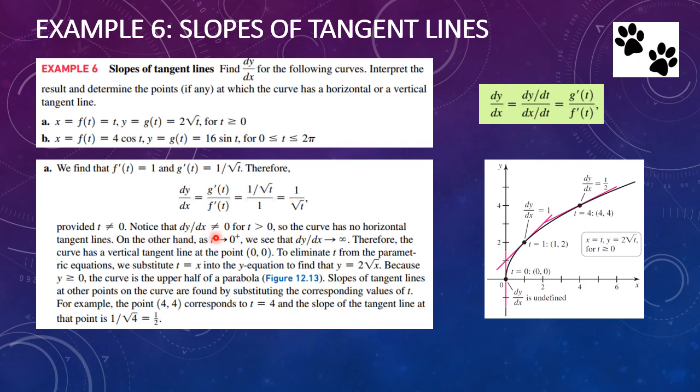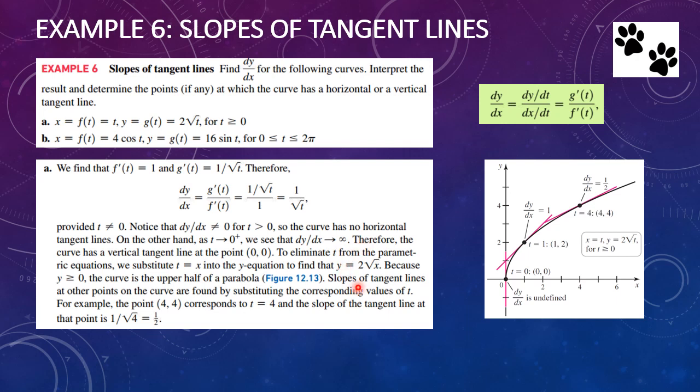Notice that dy/dx does not equal 0 for t greater than 0. So the curve has no horizontal tangent lines. There's no way for us to make the numerator 0 because it's a constant. On the other hand, as t goes to 0 from the positive direction, we see that dy/dx goes to infinity.